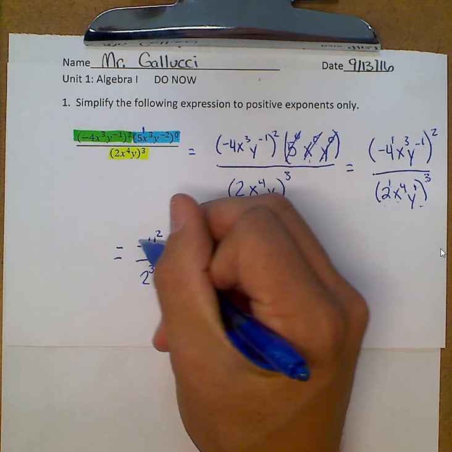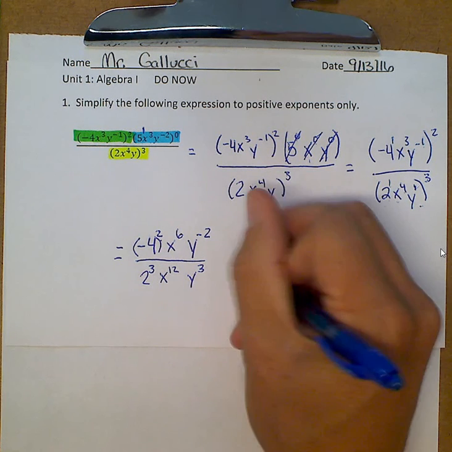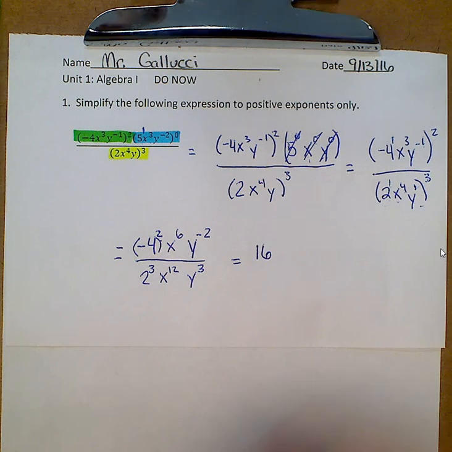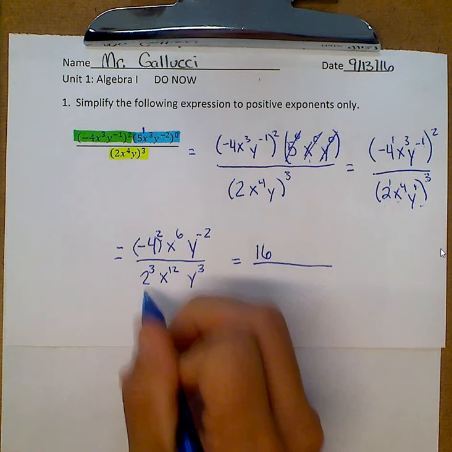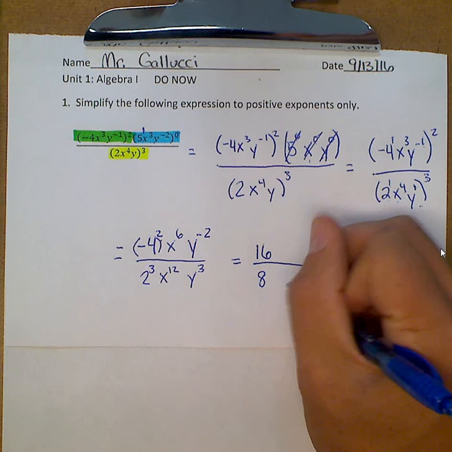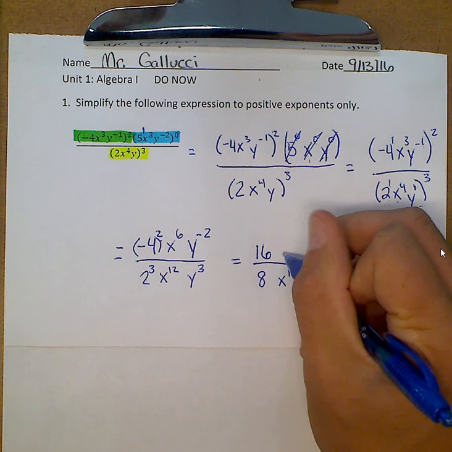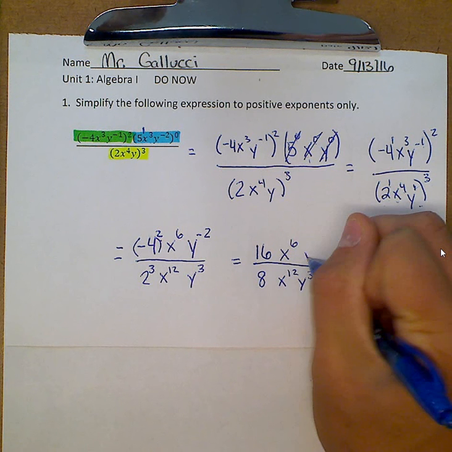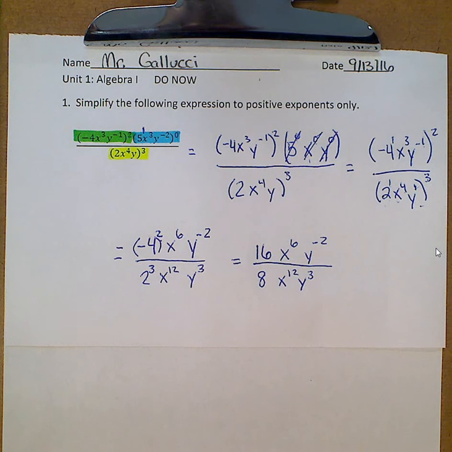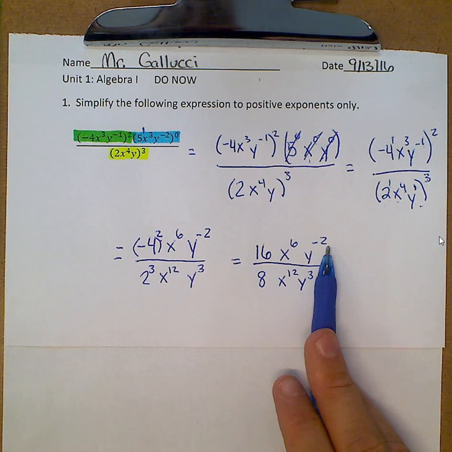Now, we know some of these things. We know negative 4 times itself, or negative 4 squared, is negative 4 times negative 4, which is positive 16. 2 to the third is 2 times 2 times 2, which is 8. And now, looking at our problem, I notice I have one negative exponent.